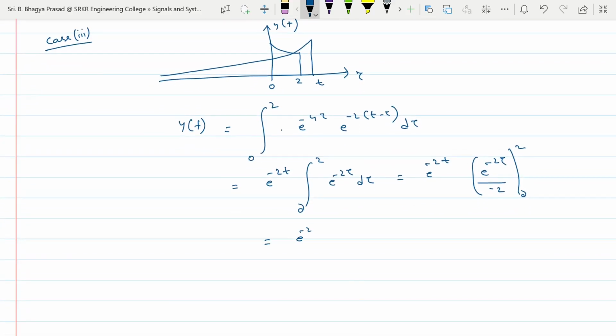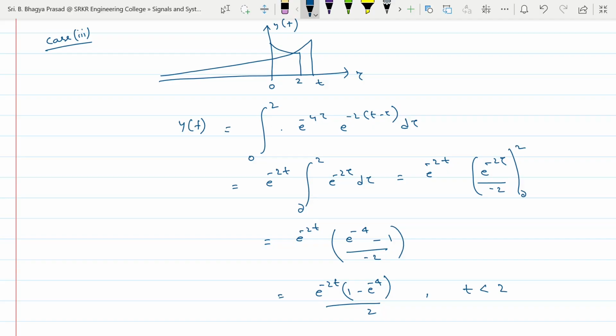So e power minus 2t times e power minus 4 minus 1 by minus 2. Let me write this expression as e power minus 2t times 1 minus e power minus 4 by 2, and this is for t greater than 2.